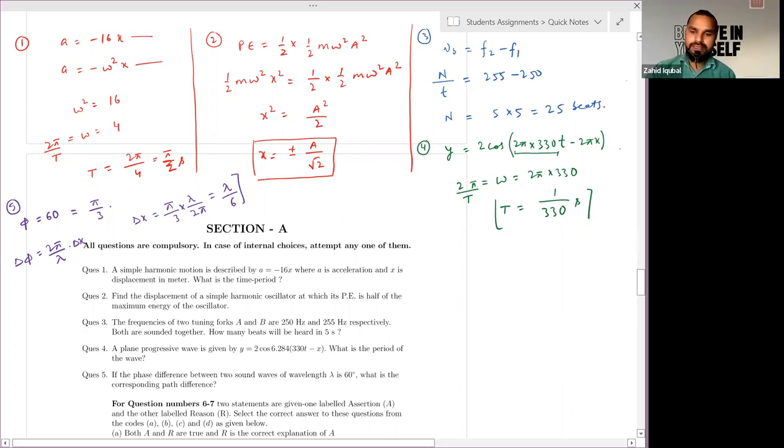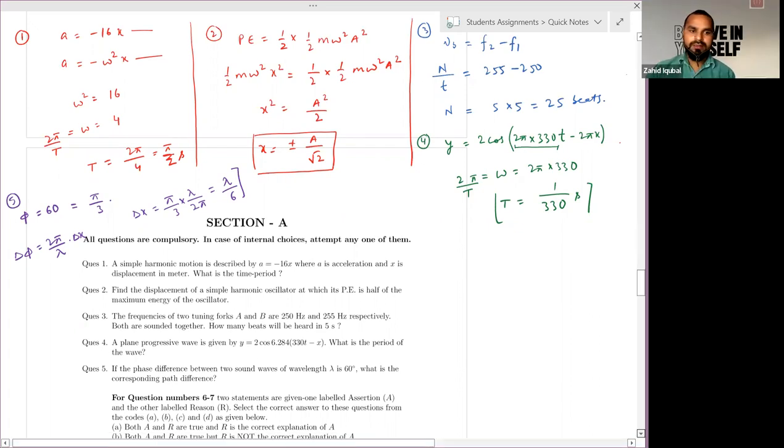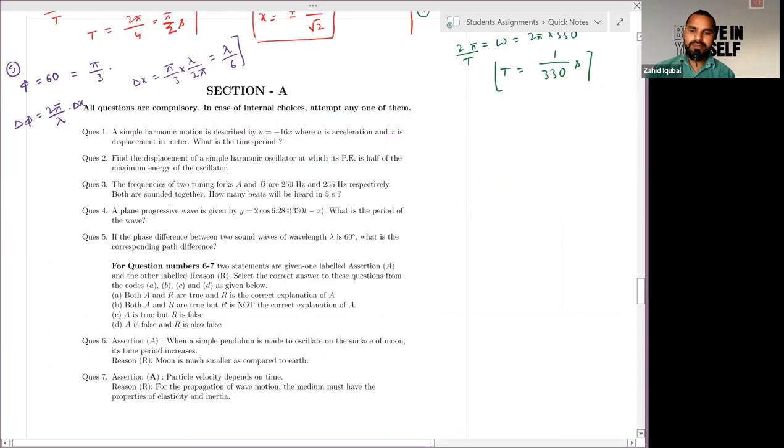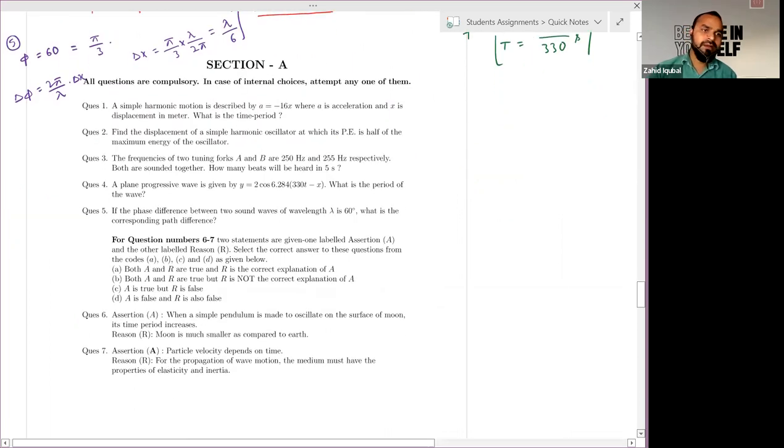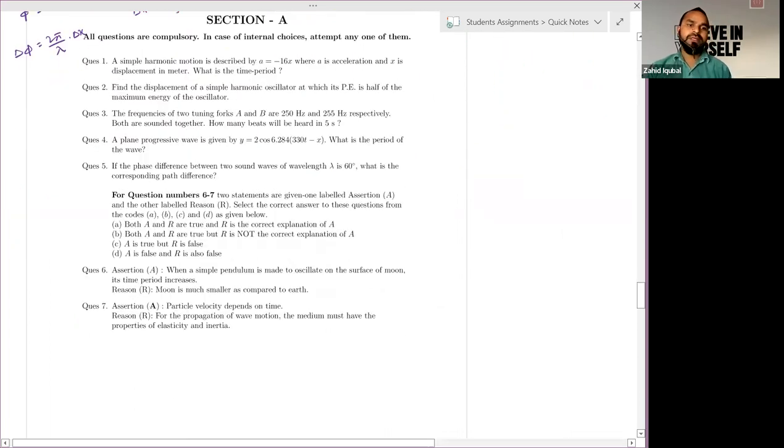Next, questions 6 and 7 are assertion based. First assertion: when a simple pendulum is made to oscillate on the surface of the moon, time period increases. As we know, the size of the moon is smaller compared to Earth, so gravity of the moon will be 1/6 of that of Earth.